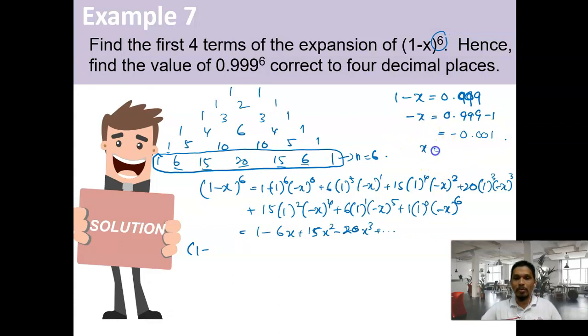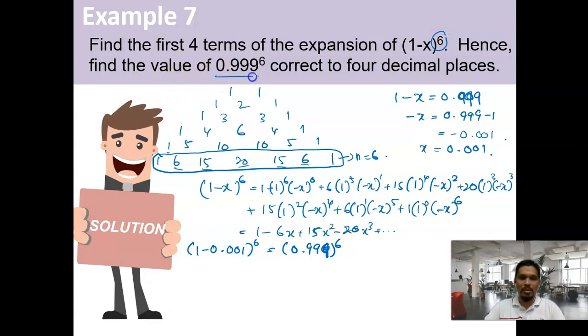So x equals 0.001. So just imagine that 1 minus x, 1 minus 0.001, to the power of 6, which is 0.999 to the power of 6.